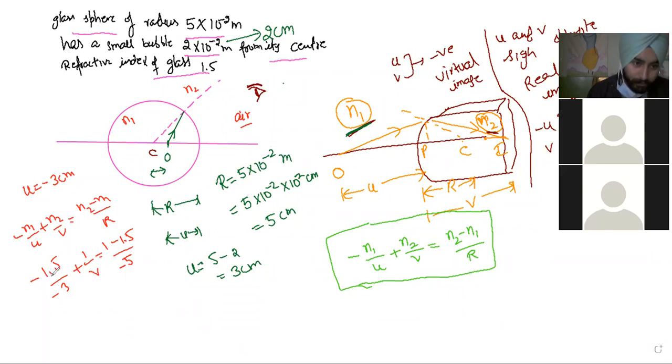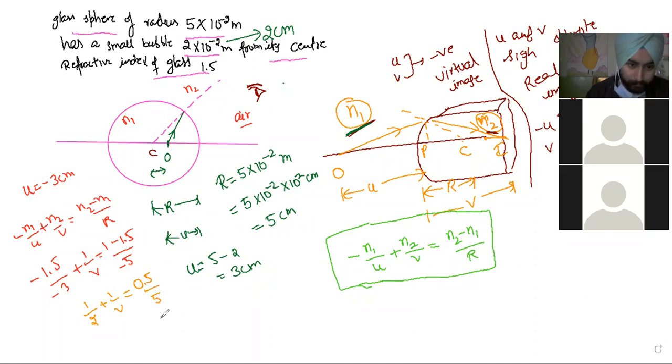Here we have, this is 1.5, this is 3, so it becomes 1 by 2. 1 by 2 plus 1 by V. 1.67. So ये कितना बना हमारा? This is 0.5. 0.5 by 5.